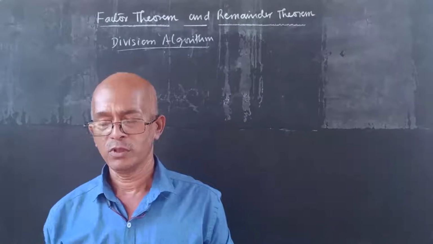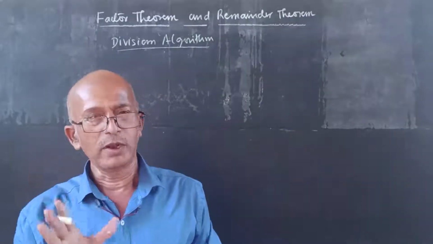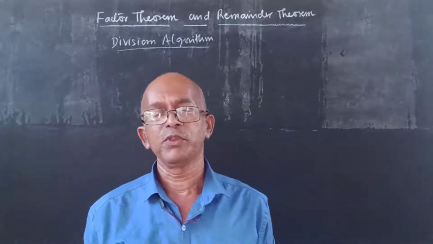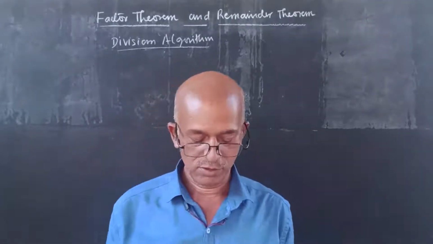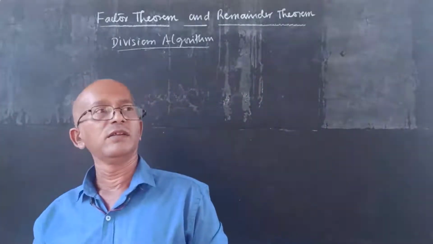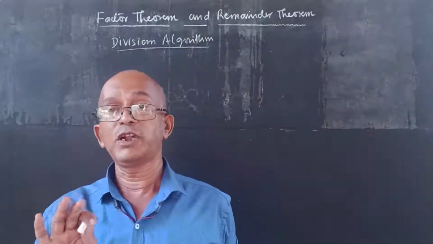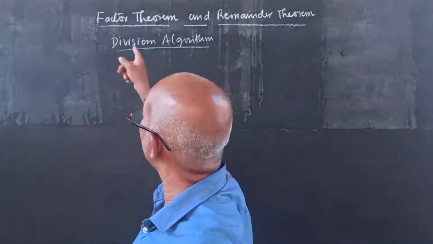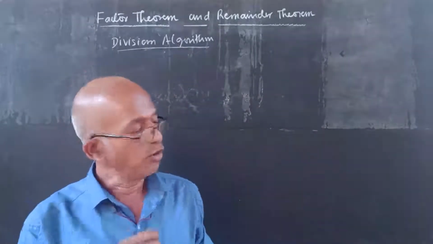Before going to the factor theorem, we are taking one division problem, that is the division algorithm with polynomials. And we will do the same problem with a different method. Both the answers will be the same. From that we can conclude what the factor theorem is and what the remainder theorem is. Now we shall take that example.